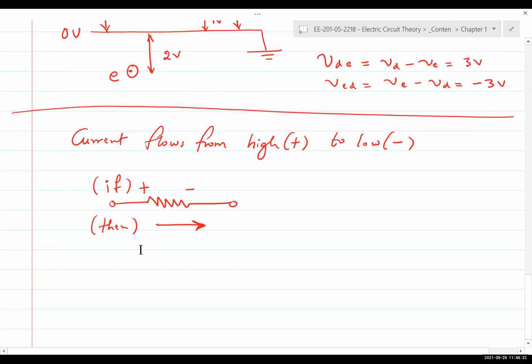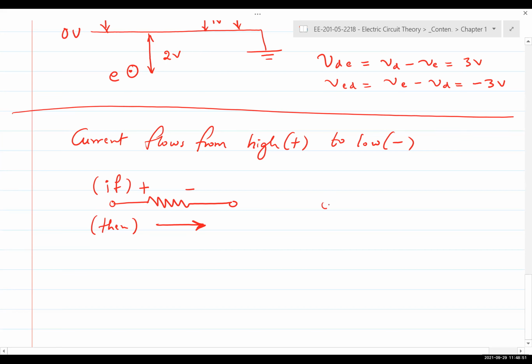Conversely, if you are given the current direction, then based on the direction of the current, you can write that the point of entry is plus and the point of exit is minus.